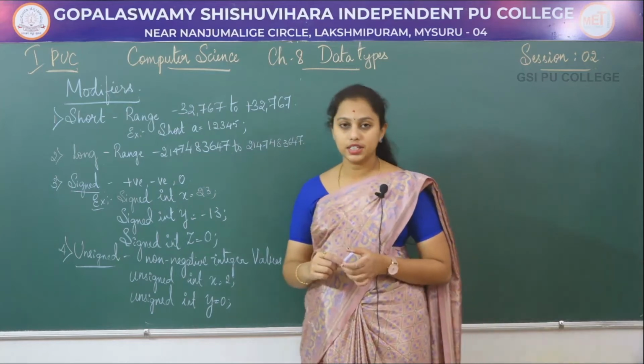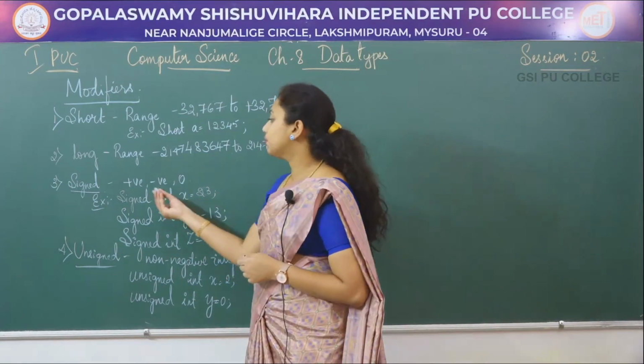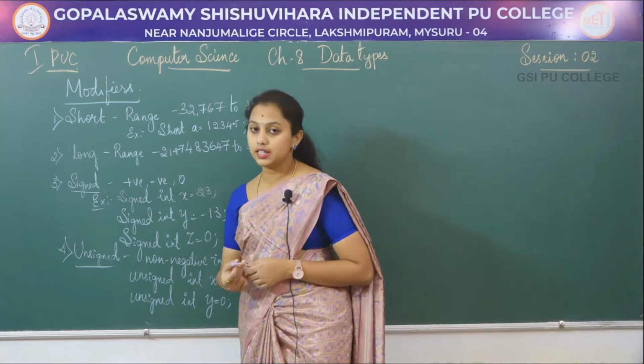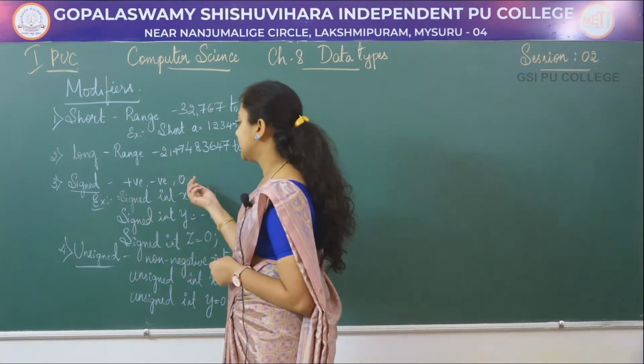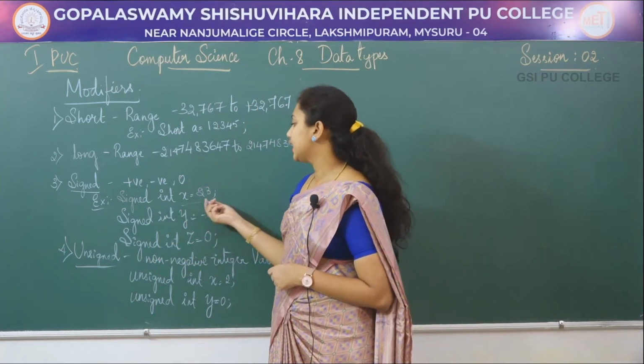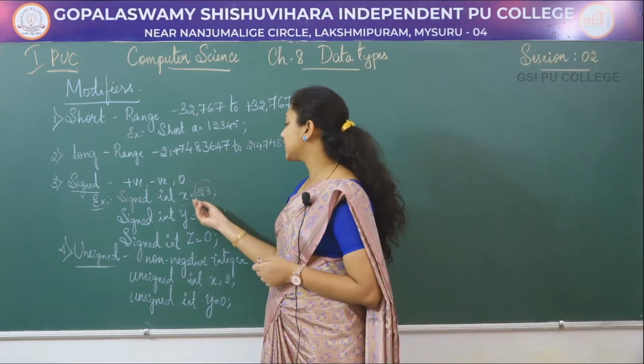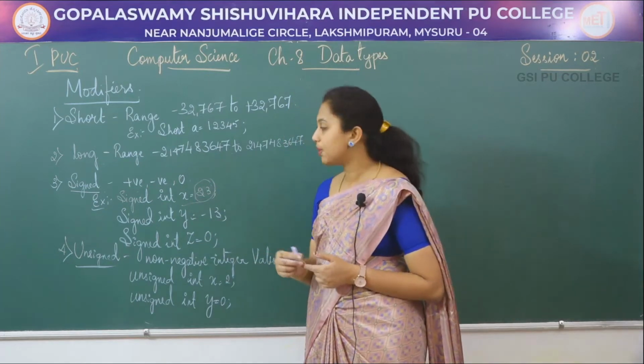What is a signed integer? A signed integer holds both positive as well as negative integers including 0. An example is signed int x is equal to 23, so here it represents a positive number.